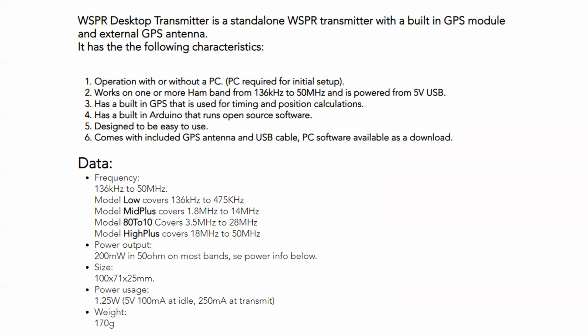Here's some details about the WSPR desktop transmitter. It has a program that you can use to configure it, but after you configure it, it doesn't require the computer anymore. So I configured the two beacons for 40 meters.